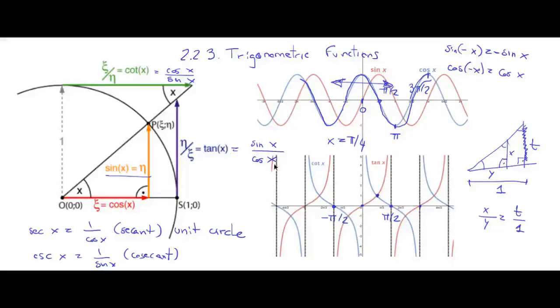As the cosine gets smaller and smaller, the fraction gets bigger and bigger, until it reaches a point in which the denominator is 0, so the function doesn't make sense. So here at pi over 2 we have what we call a vertical asymptote, a point that's not in the domain of the function.